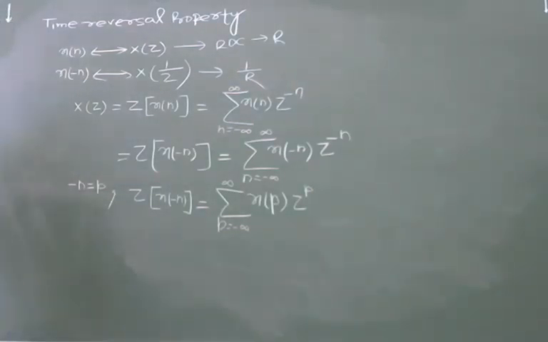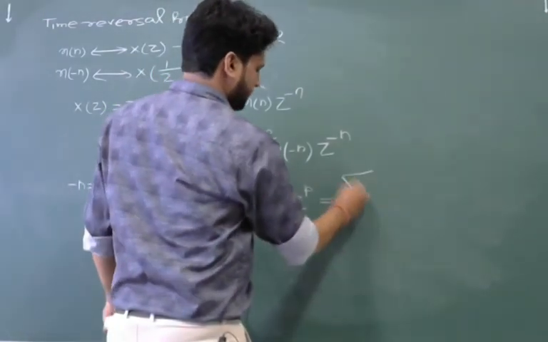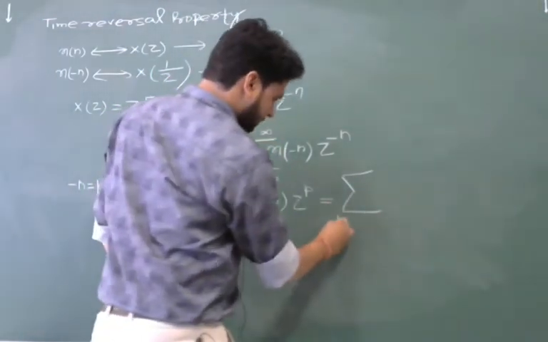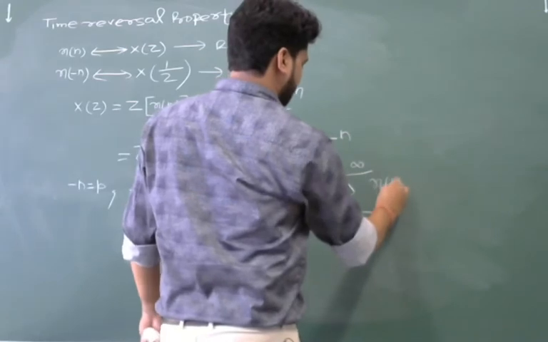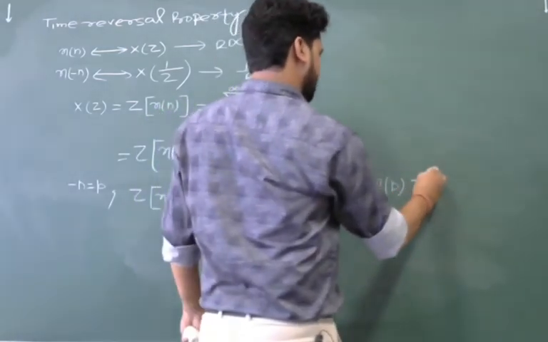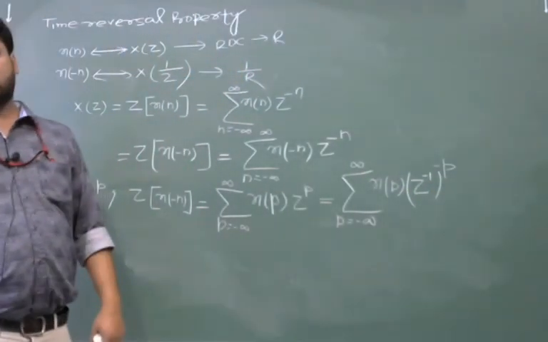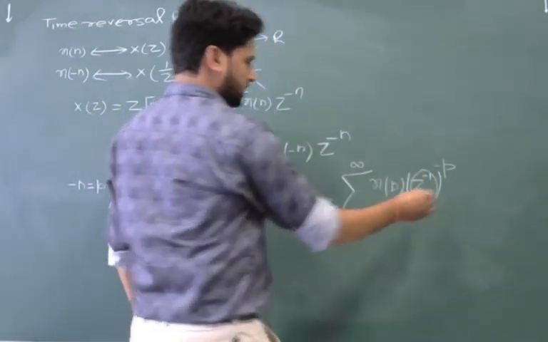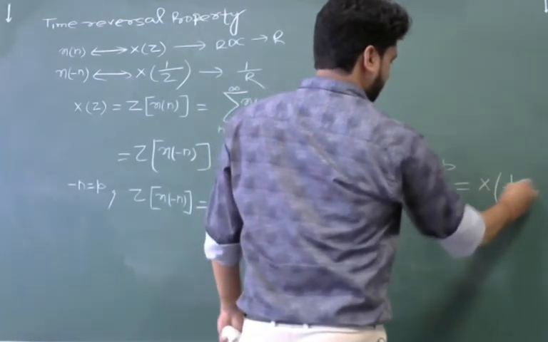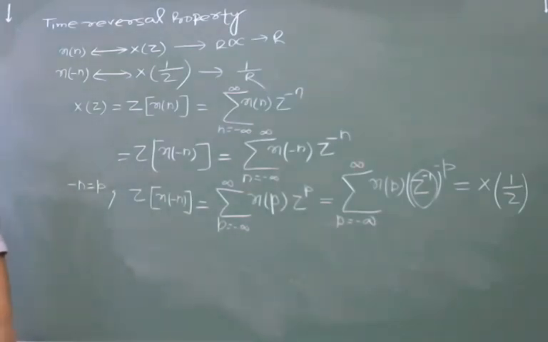This z power p can be written as z inverse power minus p. So this can be written as sigma p from minus infinite to plus infinite x of p into z inverse power minus p. So instead of z, it is written here z inverse, which means this can be written as x of 1 by z. This is the time reversal property of the z transform.